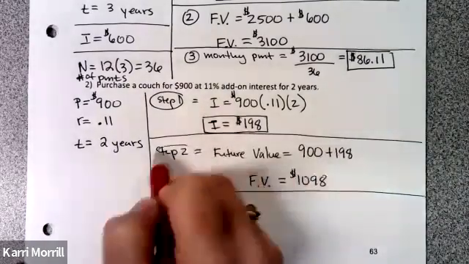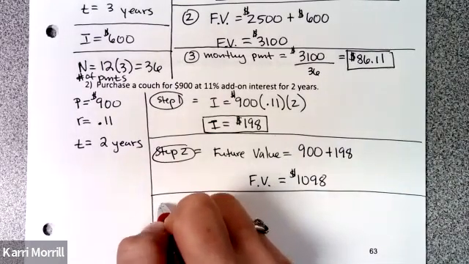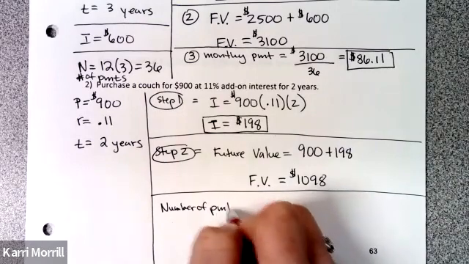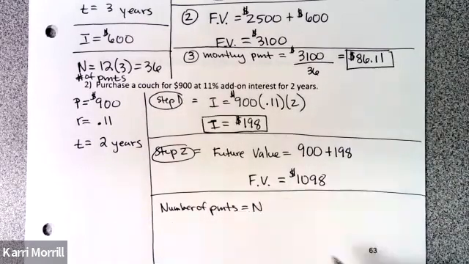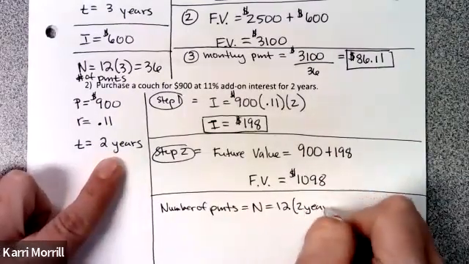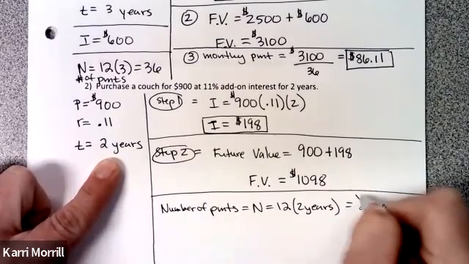You have to know how much you would have paid in total. So if I'm paying it for 2 years, the number of payments, which is usually the letter N that we see, I'd be taking 12 times 2 years, right? So we'd have 24 payments. So you need to know that.